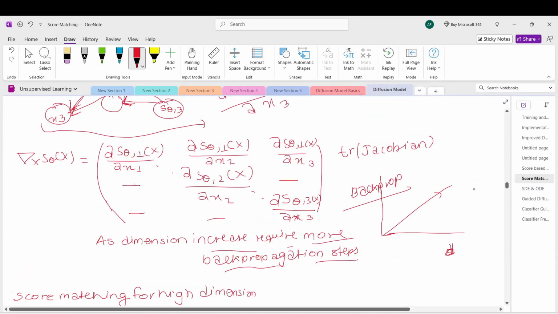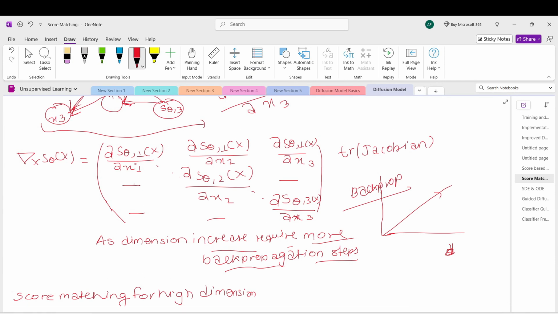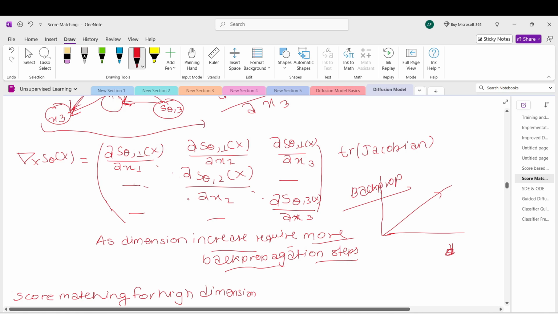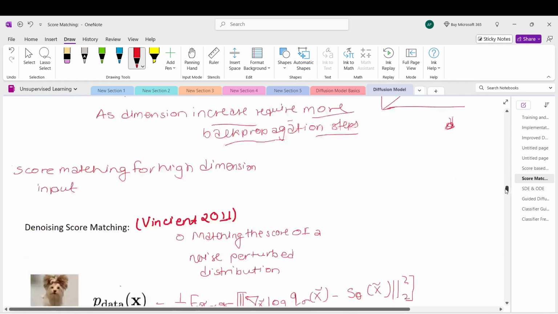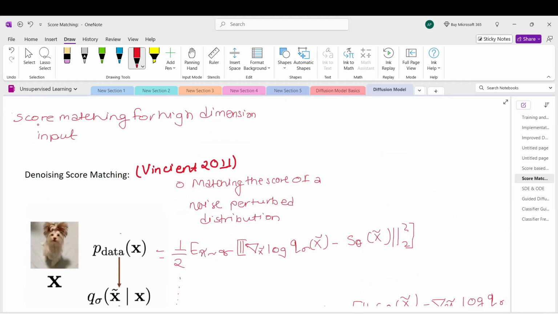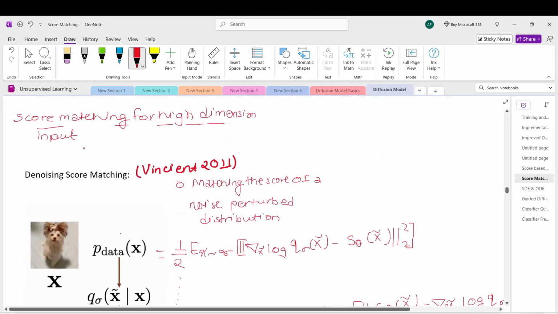The Jacobian contains the partial derivatives, and it scales with the dimensions. Here we have three dimensions, so it is a 3 by 3 matrix, and this is not scalable for the high dimensions, as we have seen. So score matching for high-dimensional input is not scalable as the dimension grows.